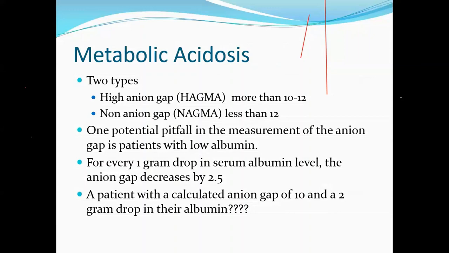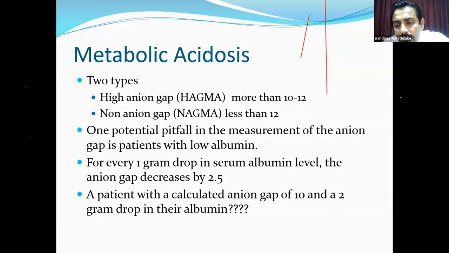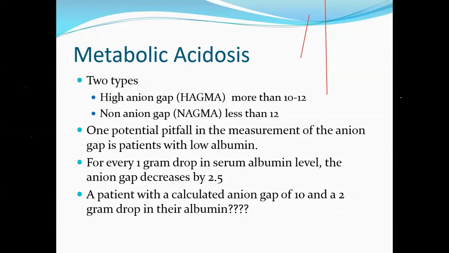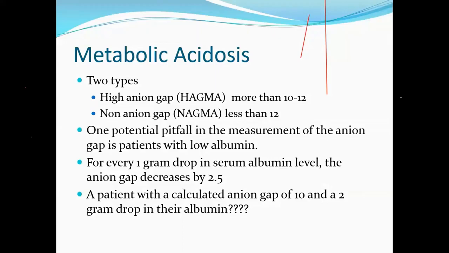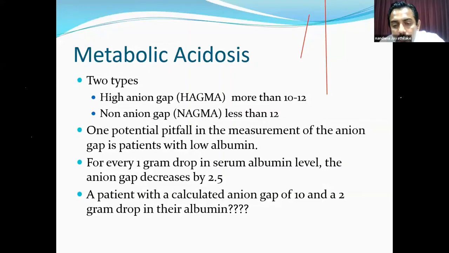But one potential pitfall in the measurement of the anion gap is low albumin, because for each 1 gram drop in serum albumin level, the anion gap decreases by 2.5. So if a patient has a low albumin level, the measured anion gap is a lower value than the patient's proper anion gap.